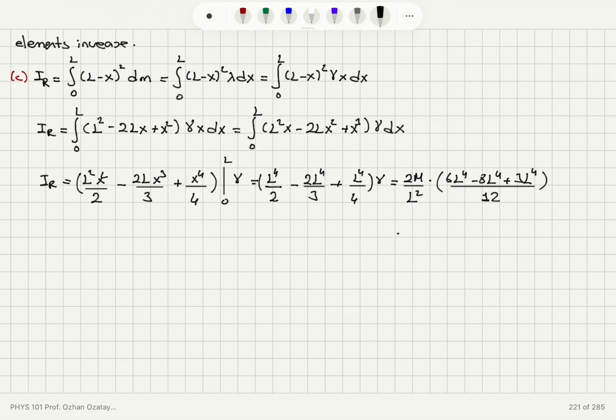So this gives us 2 capital M divided by L squared multiplied with 6 plus 3, 9, minus 8, 1, L to the 4 divided by 12, which is capital M, capital L squared divided by 6.